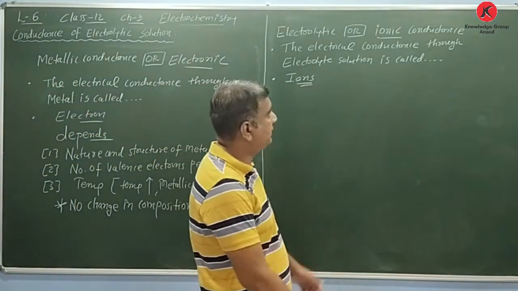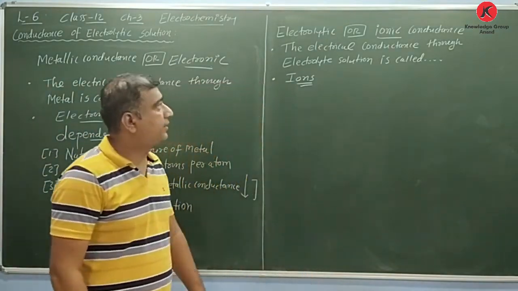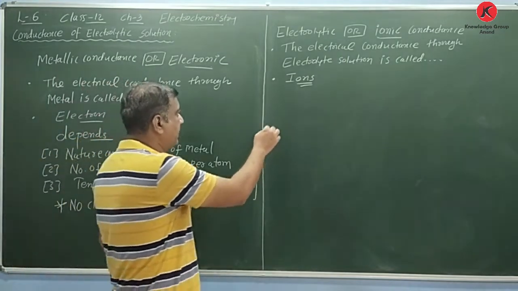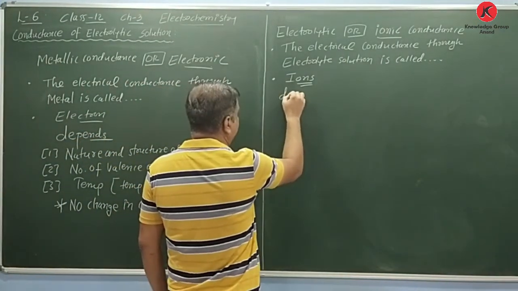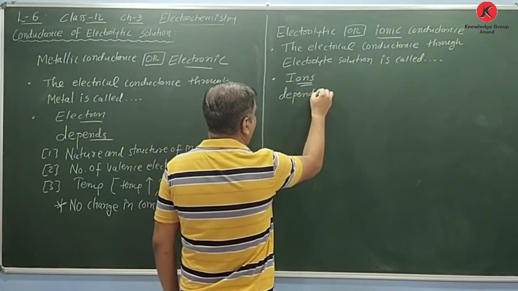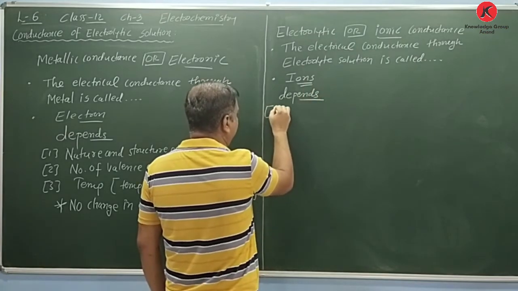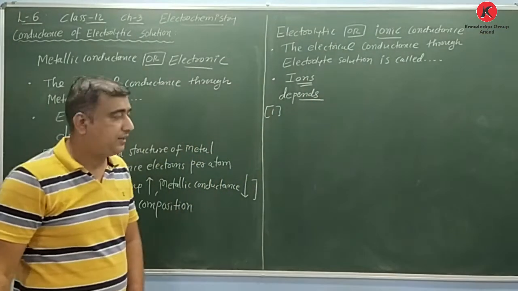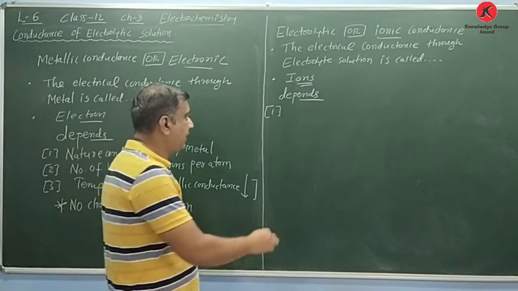Now, on which factors does electrolytic conductance depend? It depends upon the first factor, which is the types of electrolyte.